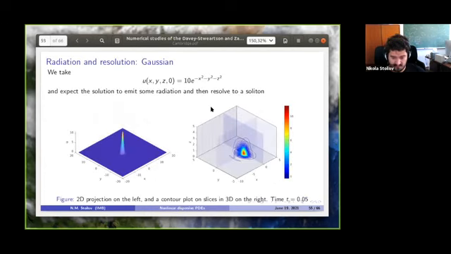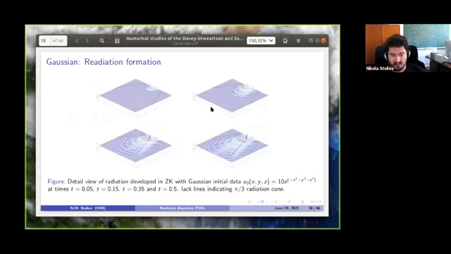Now the radiation part is, we look at the Gaussian. So this is what we expect, that this is going to produce a soliton plus some radiation, which it indeed does. And here is a general view of the radiation, sorry about the spelling. These are hand plotted lines. They are not somehow computed, or rather they're computed, but they are not an analytic result.